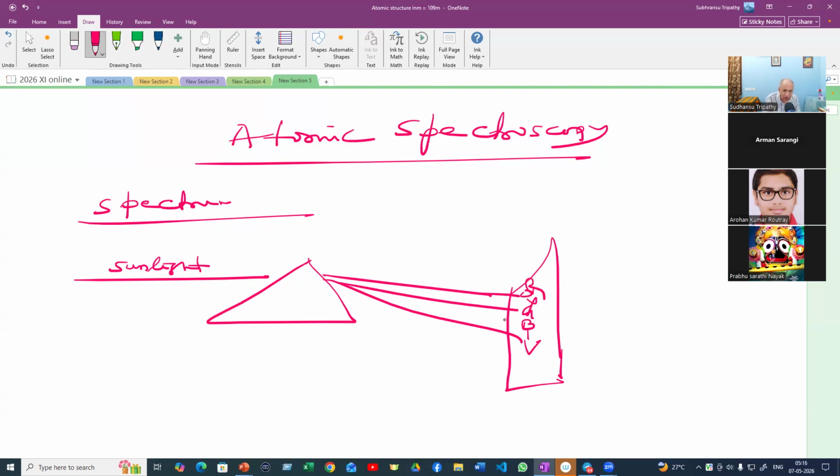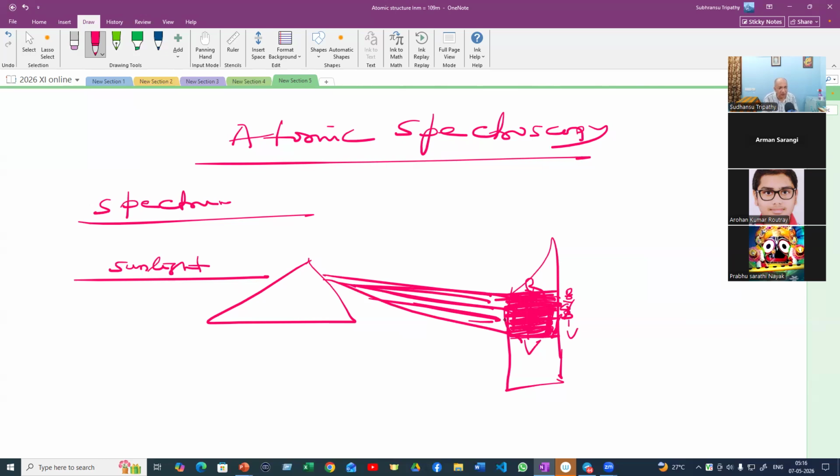The shortest wavelength is violet. The pattern that you find on the screen is a continuous pattern. There is no gap in between. It will be violet, then slowly changing into indigo, then blue, then green, then yellow, then orange, then red.